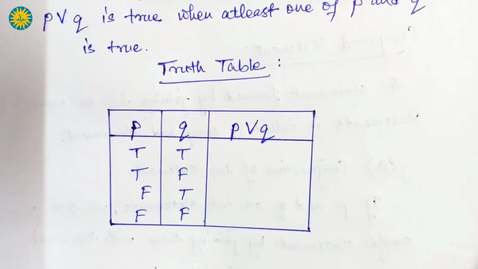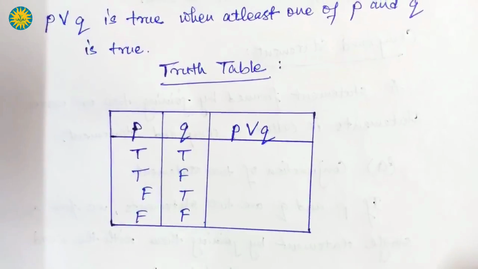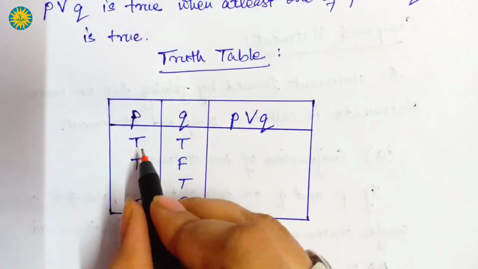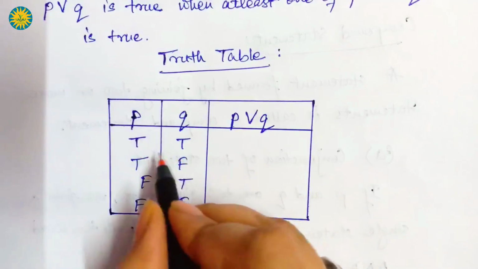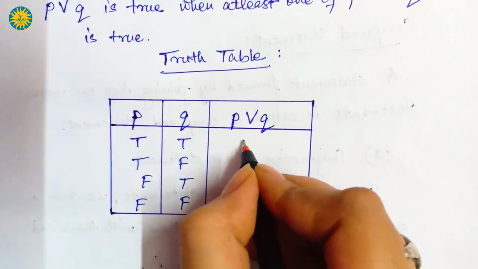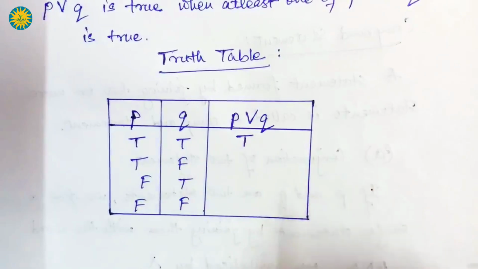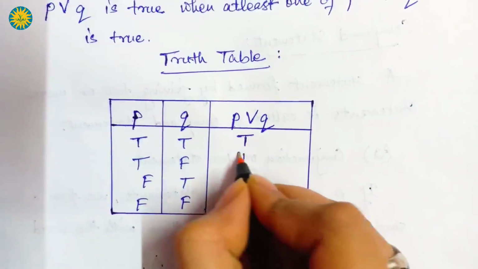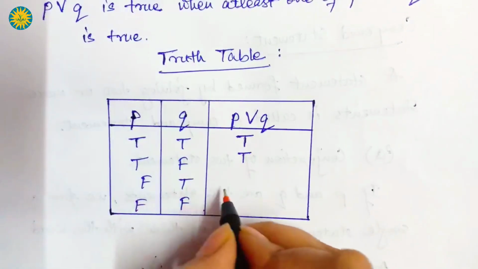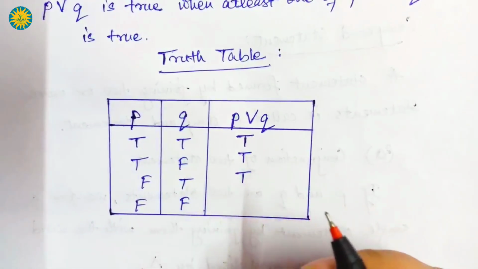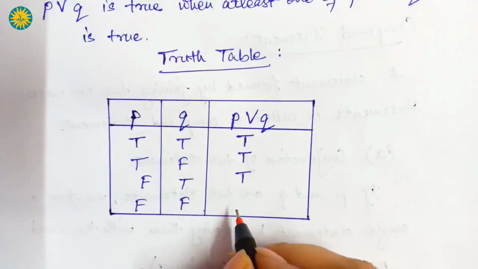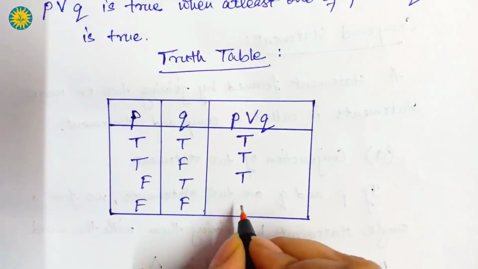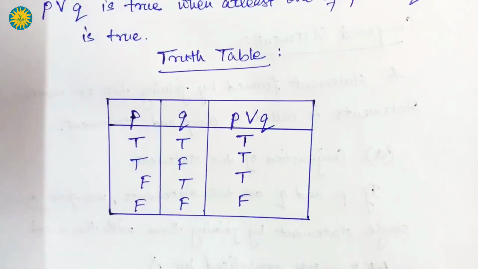As we know, P or Q is true when at least one of P and Q is true. Then in the first case, both of them are true. That means P or Q is true. In the second case, P is true, which means P or Q is true. In the third case, Q is true, then also P or Q must be true. But for the fourth case, that is both of them are false, then P or Q will be false.